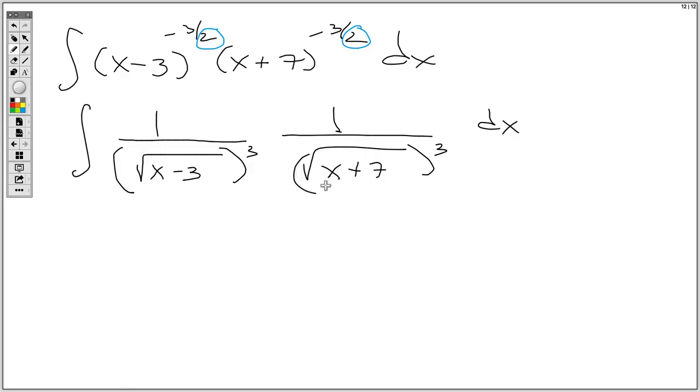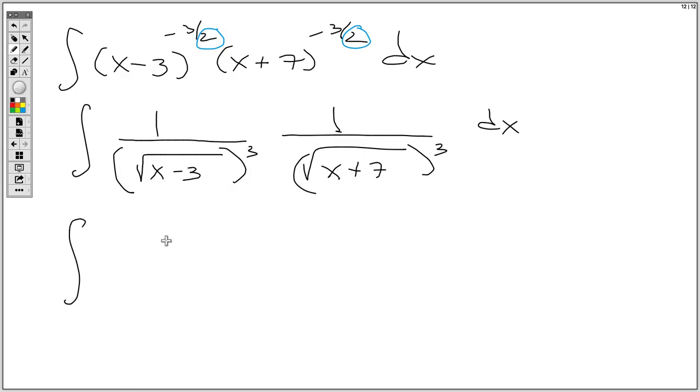Now for us to get going with our trig subs, we need something like x squared plus or minus something, right? So we've got to get these quantities together, and the question is, can we do that? And the answer is yes.